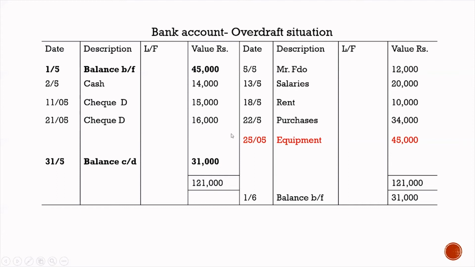We have only 90,000 in the bank, but we were able to pay 31,000 more. Because of that, by the end of the next month or the year, we have to pay this 31,000 back to the bank as it is an overdraft situation.